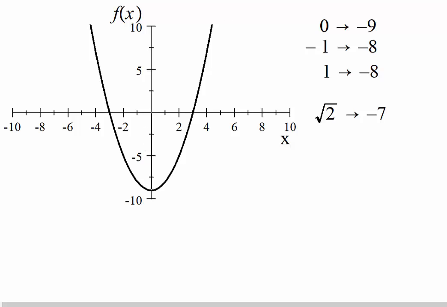So 0 is assigned -9, and -1 is -8, and without even calculations we may notice that 4 goes to approximately 7 here, which, if we recall the expression, is 4 squared minus 9 equals 7.